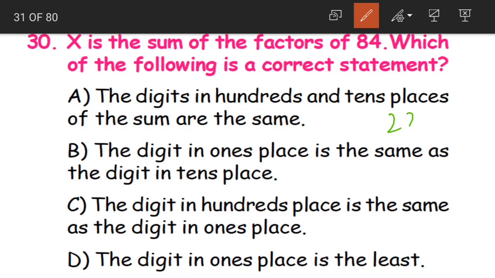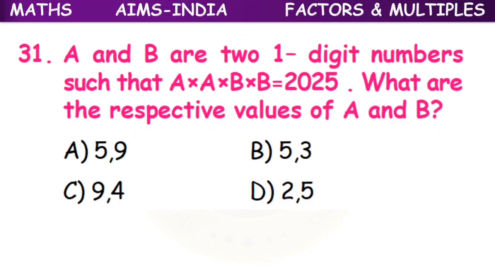What is the answer? 224. If you look at the statement, the digits in hundreds and tens place of the sum are same. Yes, in both the hundreds and tens places, the digits are same. That is, we are having 2. So option A becomes our correct answer.